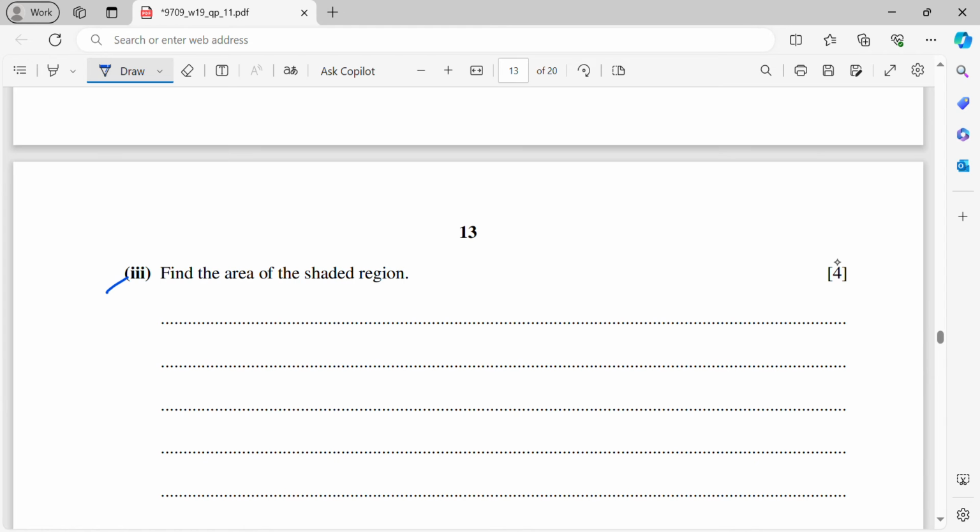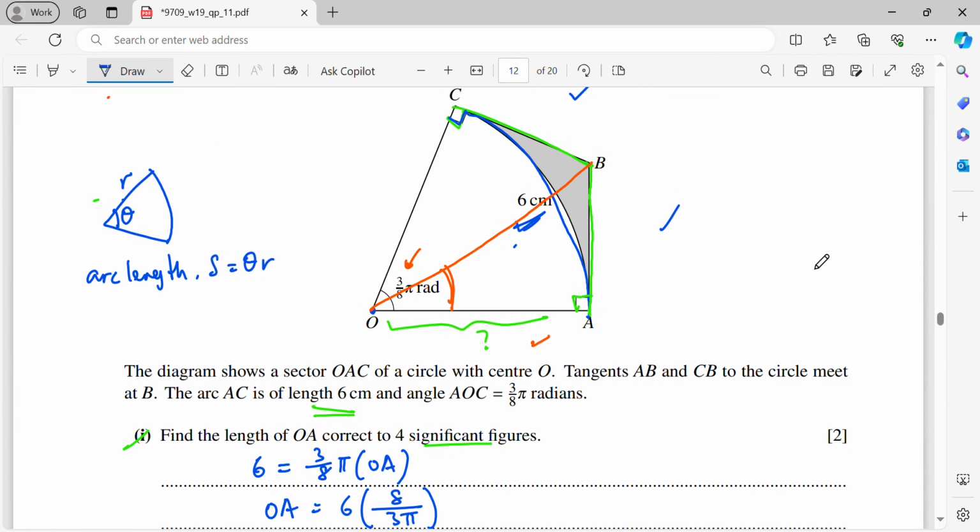Okay, third part, find the area of the shaded region. So now, area of the shaded region is basically area of both triangles minus area of the sector. So now I can find the area of the triangles, that are times 2.